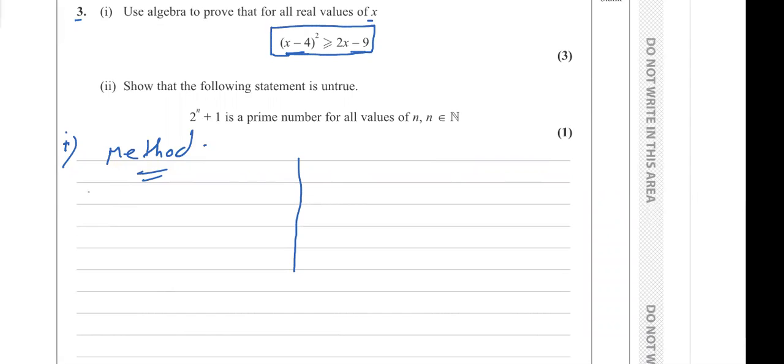So we suppose that x minus 4 squared is greater than or equal to 2x minus 9. Now, I can explain this with a simple example of how, supposing it is true, we can prove it algebraically.